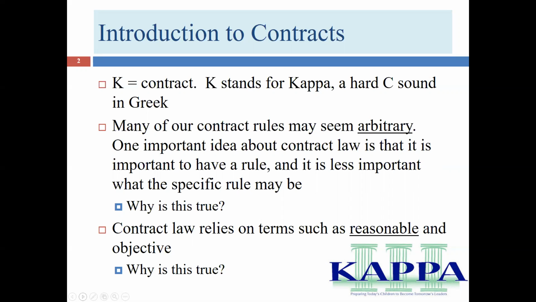Another thing that sometimes is surprising about contract law is that our rules can seem arbitrary. And they seem arbitrary for a very good reason. In many cases, they are arbitrary. My guess is that everyone in this room has taken a math course that has involved some discussion of rounding.